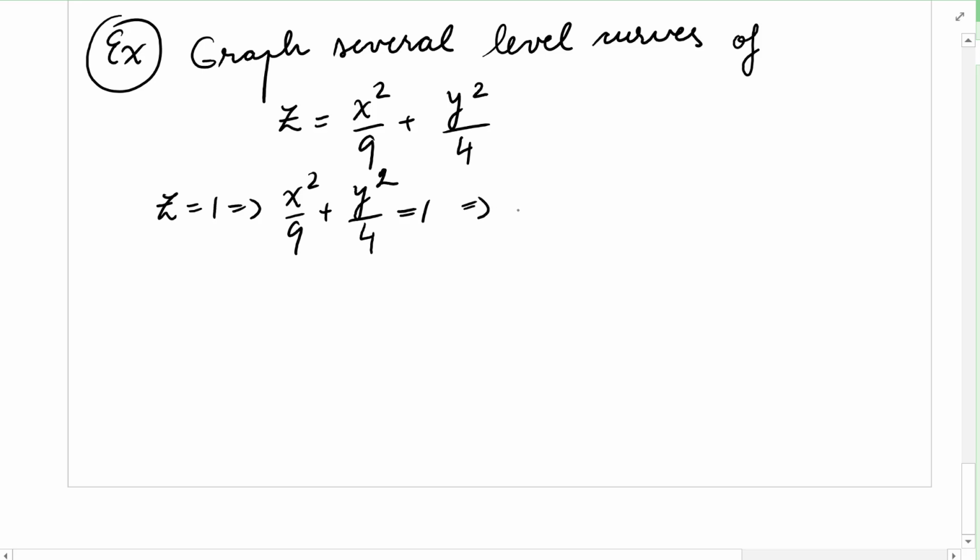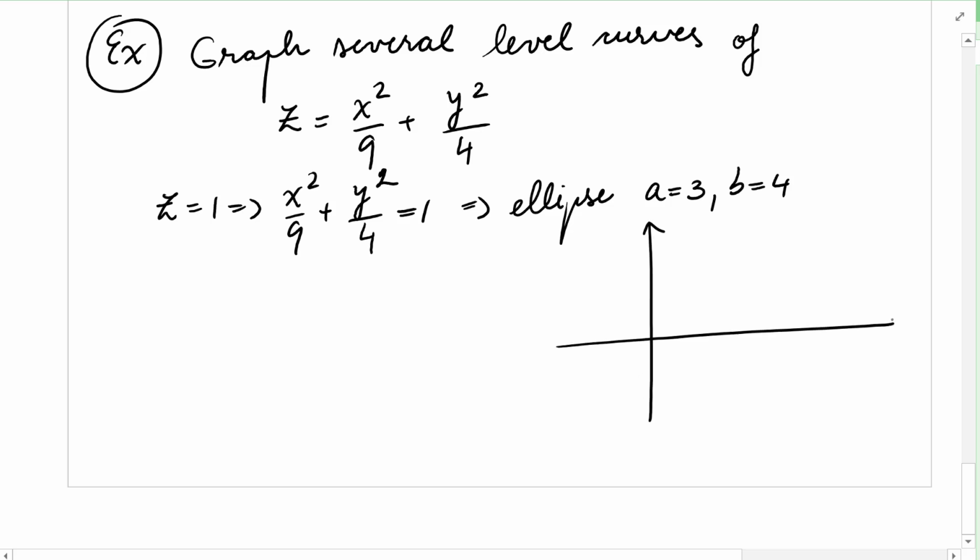This is an ellipse where a is 3 and b is 2. So if we draw x and y, a is 1, 2, 3, negative 3, and 1, 2, 1, 2. So the level curve that we wanted to draw for this one is this.